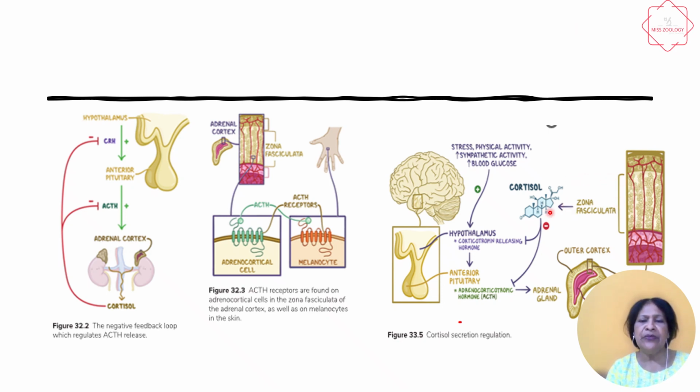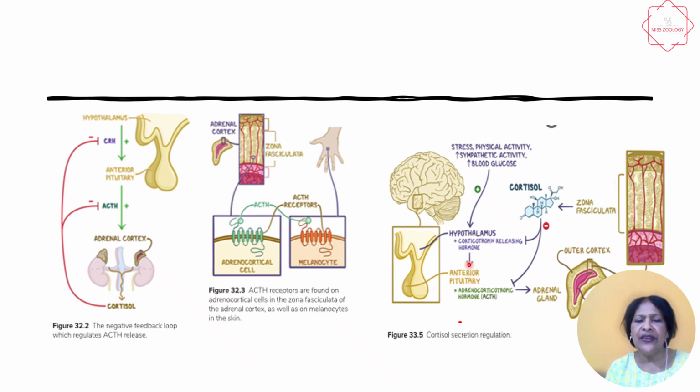Like in this image, you can see the zona fasciculata layer, which produces the cortisol. If it is not produced in the exact required amount, then there is an instruction which comes to the adrenal via the anterior pituitary to produce more of cortisol.